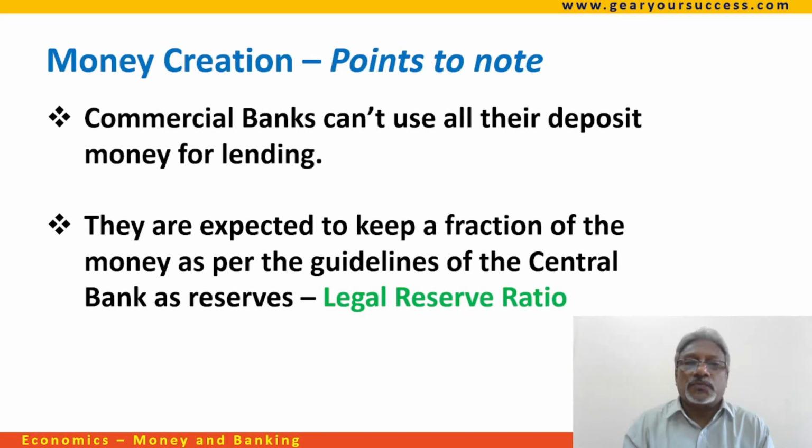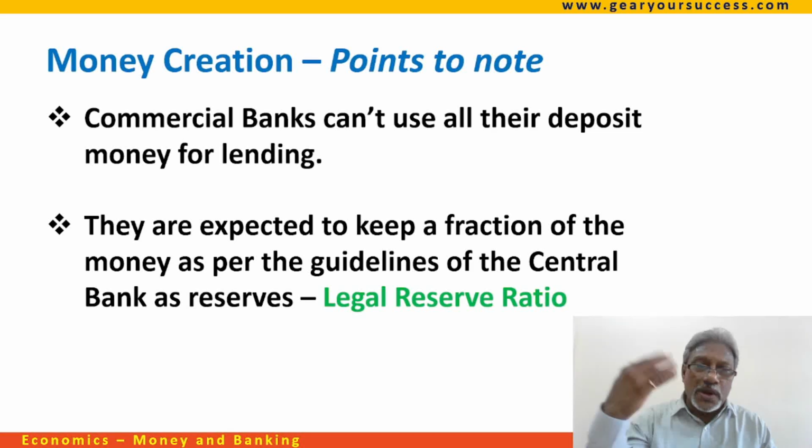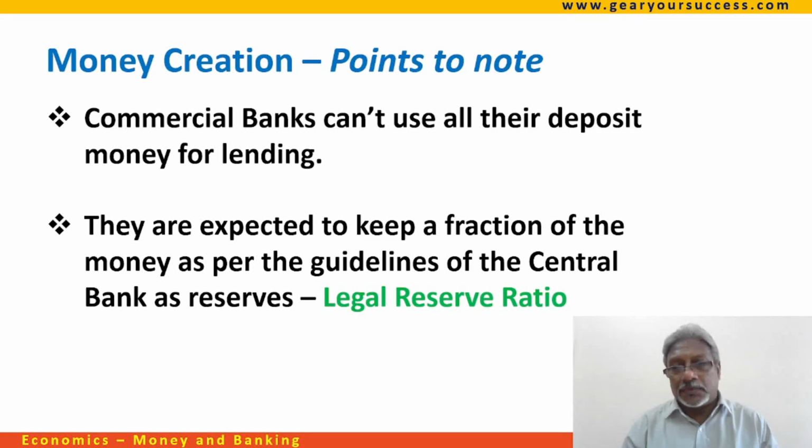So commercial banks receive some amount of money, say 100 crores. I can't lend the entire 100 crores. If the legal reserve ratio is 10%, for easy calculation, 10% of 100 crores is 10 crores. I have to retain that 10 crores, and the remaining 90 crores only I can lend.